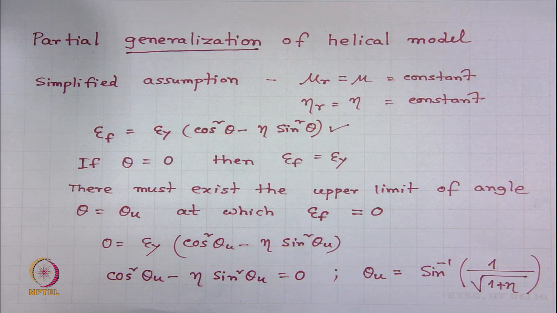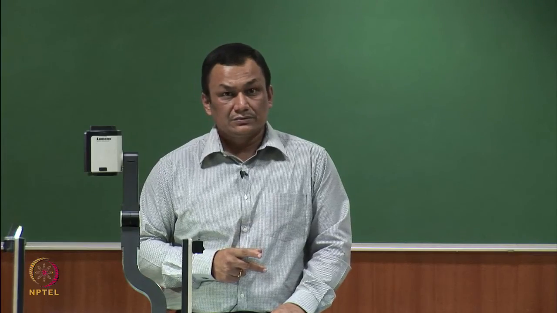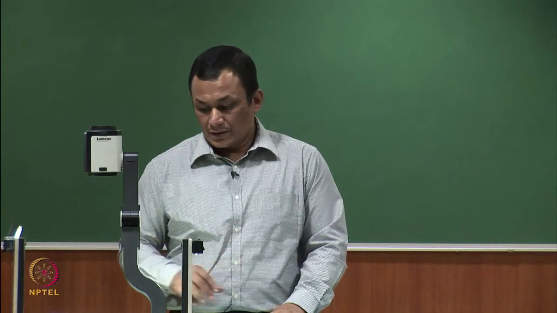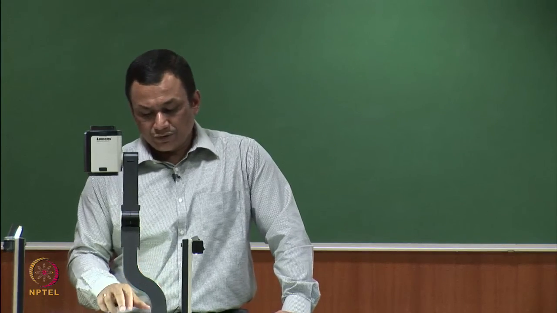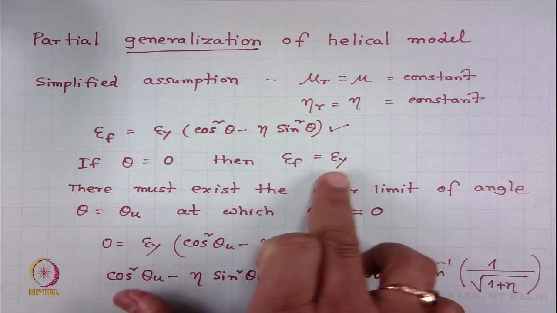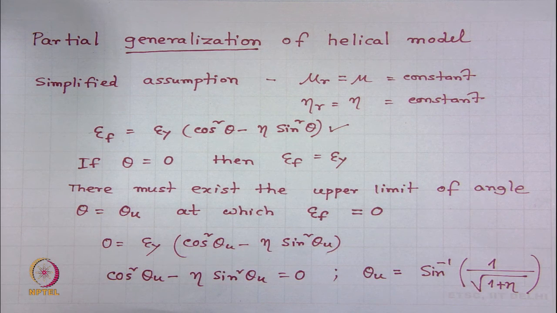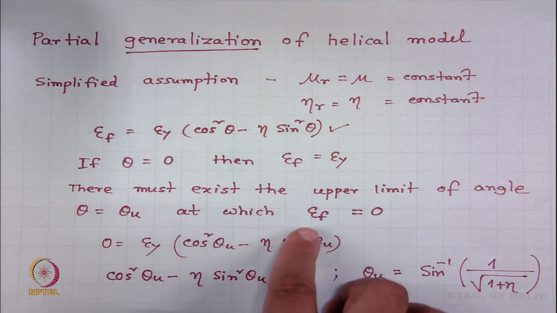We need to find out two limits of this angle theta. One limit is very clear: when theta is equal to 0, epsilon f is equal to epsilon y. So there must be another limit at which epsilon f will be 0.